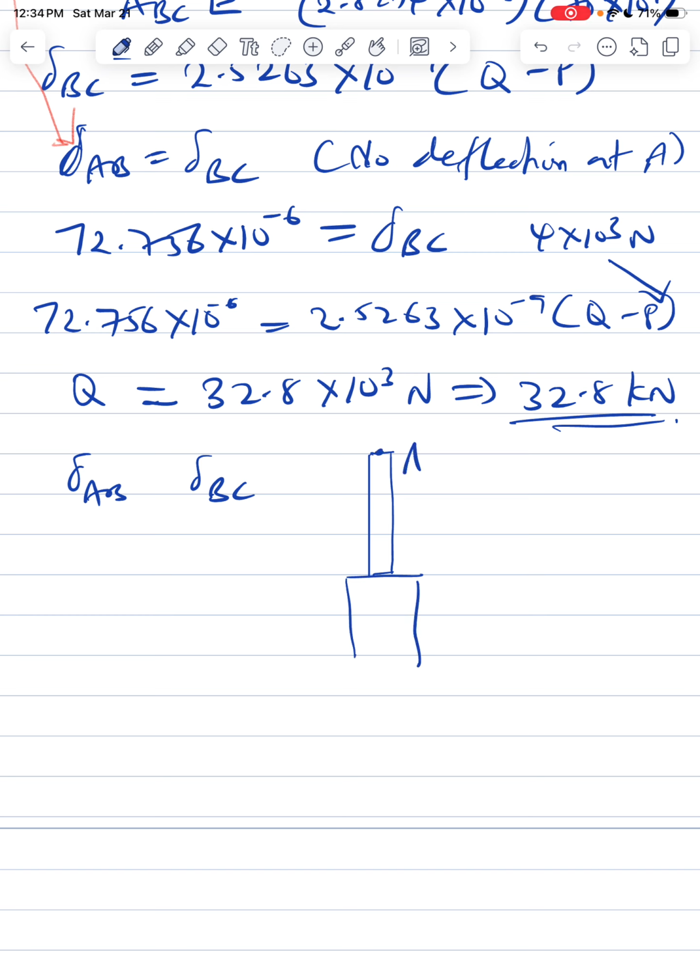So this is A. If A doesn't move at all, it's here. But then there's point B here. For B to remain in equilibrium based on the forces applied, it has to move a little, downwards a little. That way, the effect of the forces and the distance all remain the same, right?